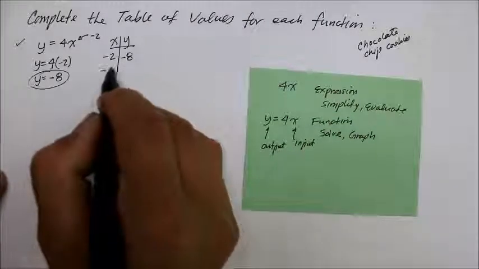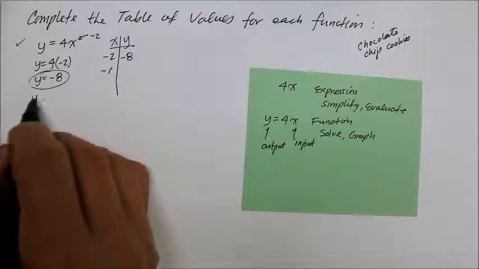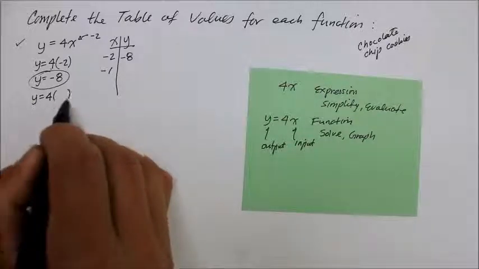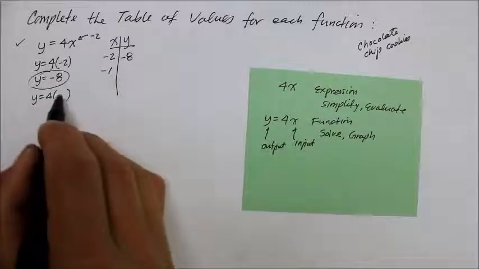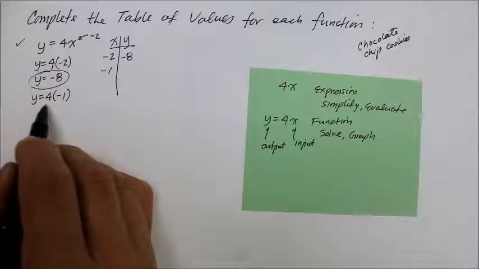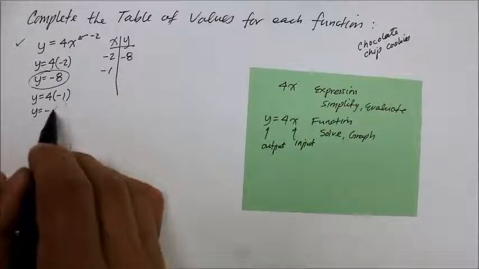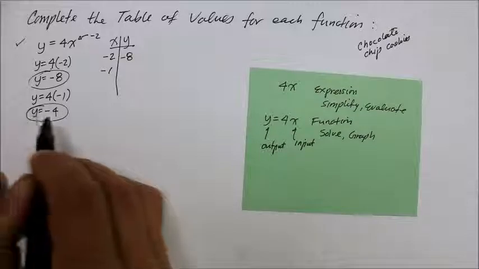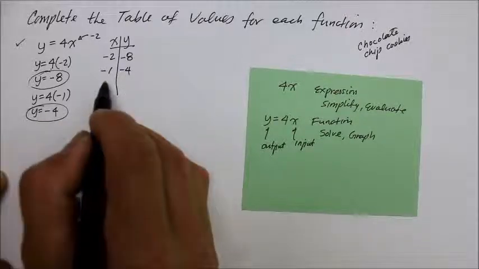So if I set -1, then what would the y become? Well, to figure it out, you do the same thing. y is equal to 4 times x, but where the x should have been -2, this time you're going to make it -1. Again, positive and negative becomes a negative. And 4 times 1 is 4. So there it is. Now, this is where I ask my high-speed kids to think about, look what's happening.